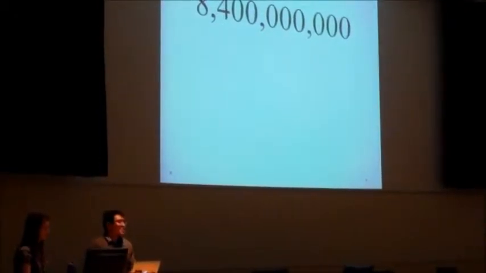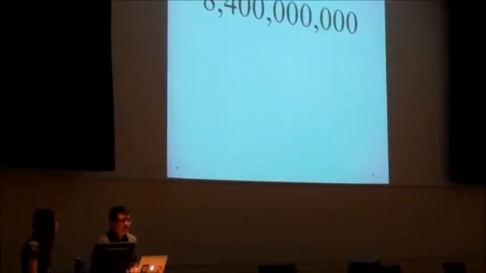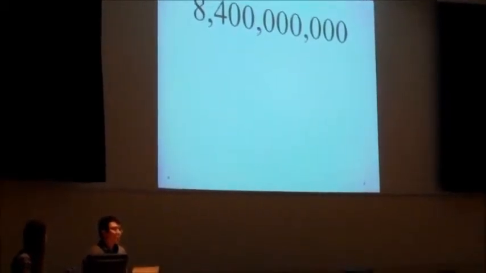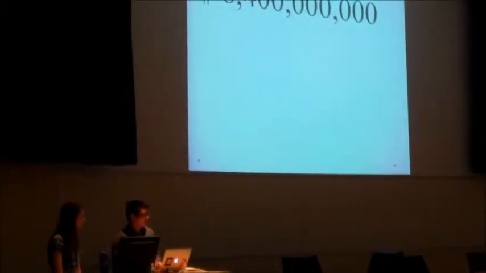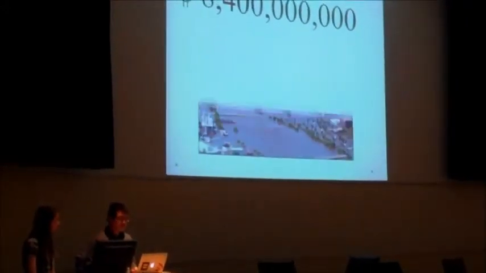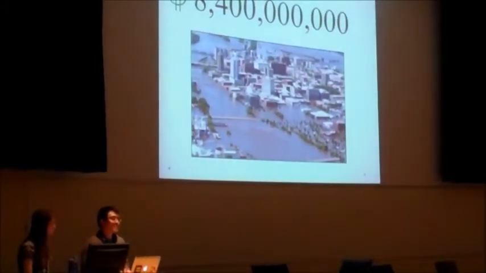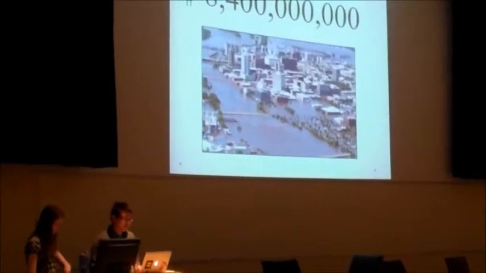So I'm going to start this presentation off with a very large number. And this large number is 8.4 billion. 8.4 billion was the number of dollars spent on stormwater infrastructure damages due to excessive flooding across the country in 2011.